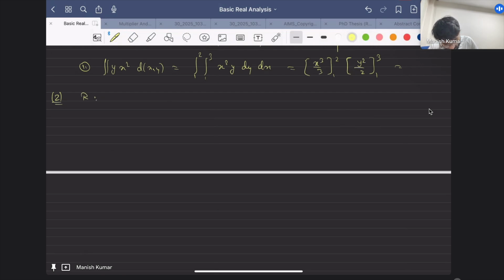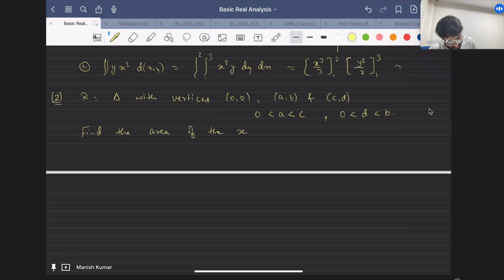Let me say this is a triangle with vertices (0, 0), (a, b) and (c, d), where these are the constraints on a and b: a is less than c and d is less than b. So you have to find the area of the region.